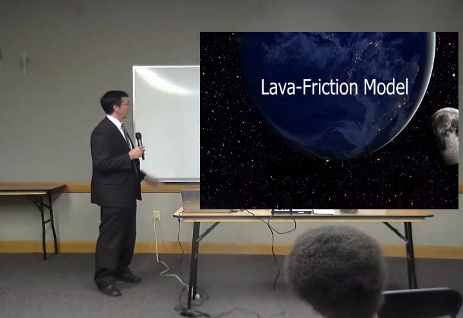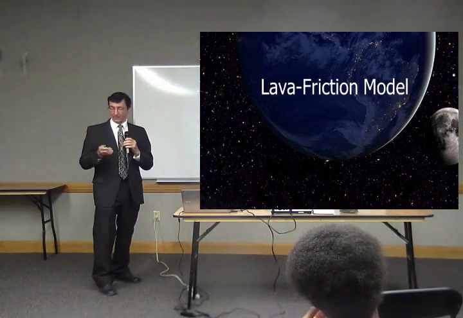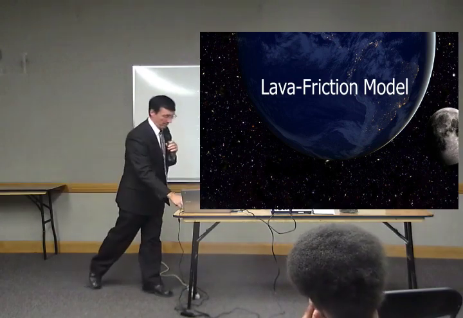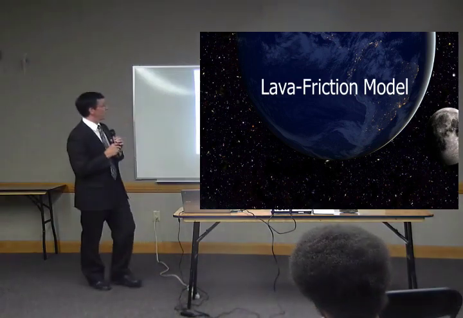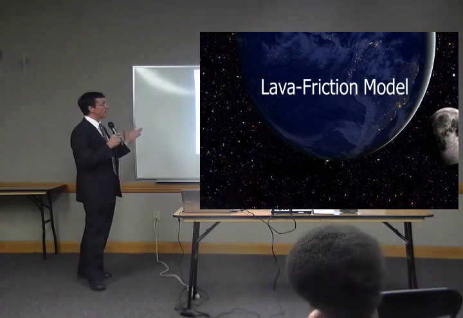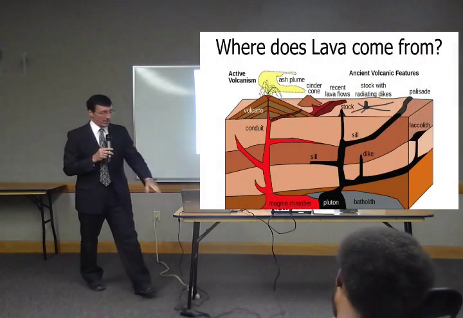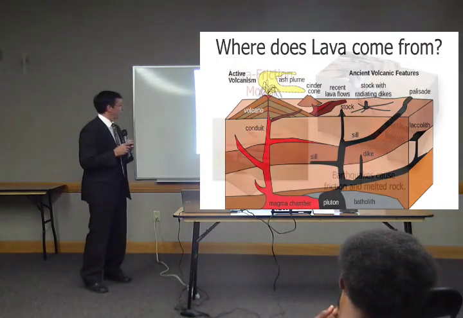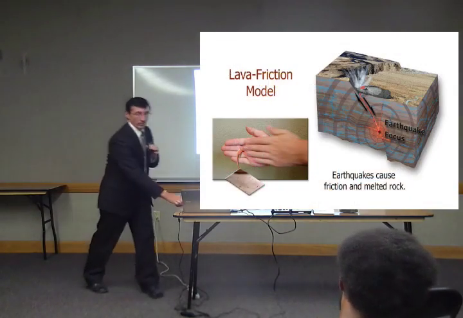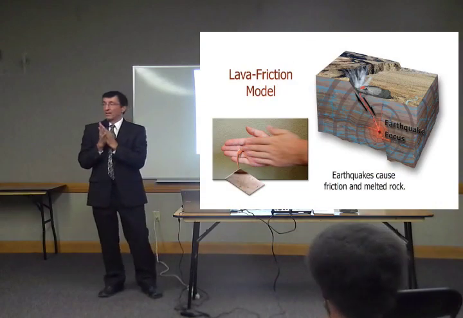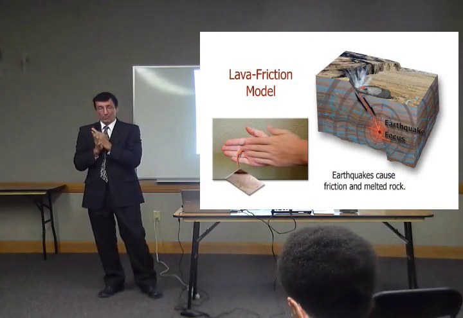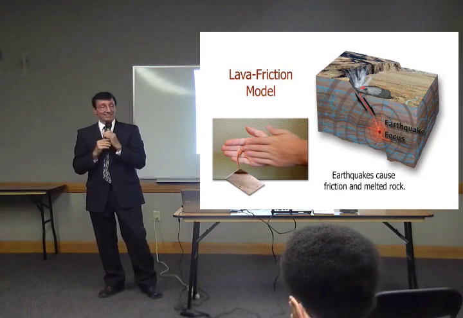And so the lava friction model, Spencer kind of mentioned that in his presentation, but I'm going to talk about it more. So again, where does lava come from, right? And so we have this experiment where in the lava friction model, if you press your hands together, you can rub them back and forth, and if you're pressing hard, what do you feel?